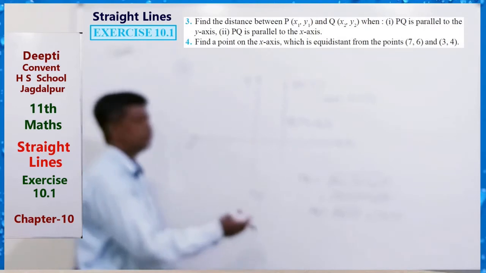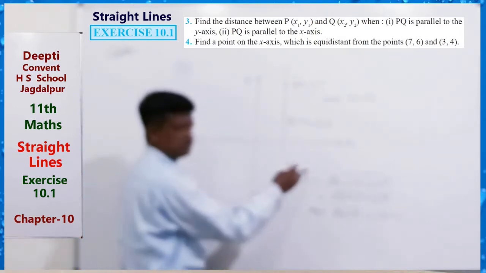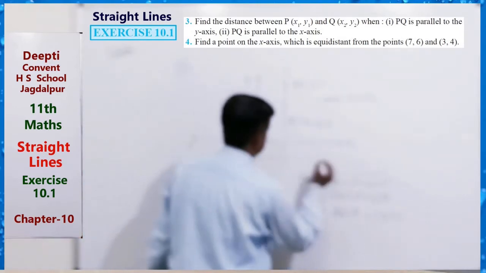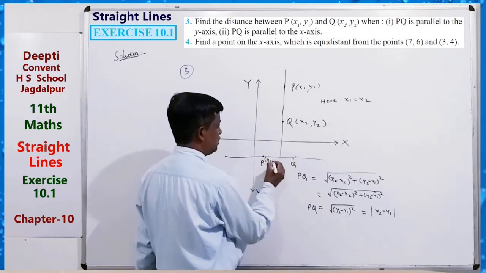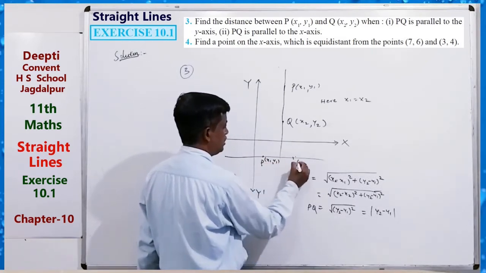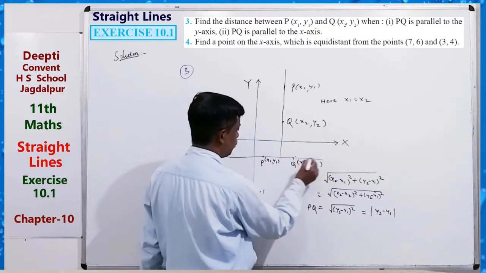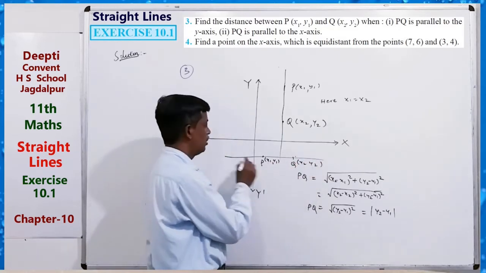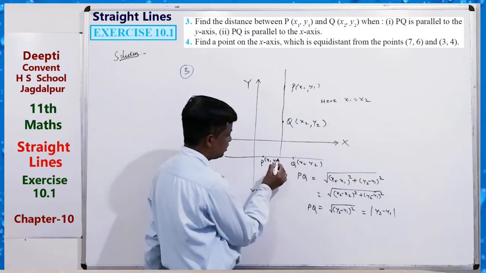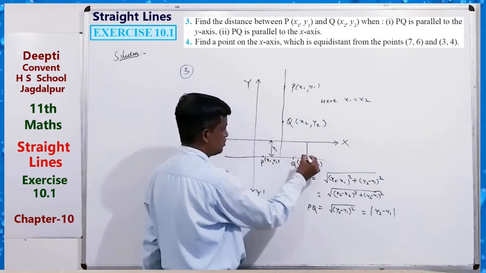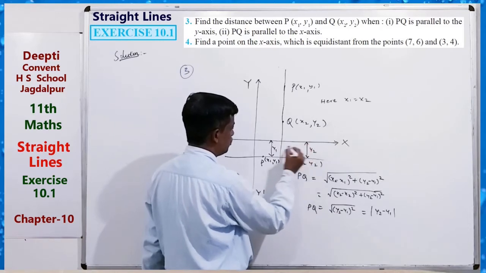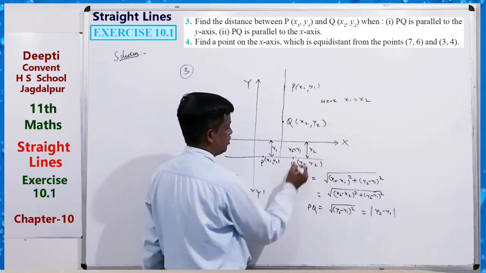Similarly, if PQ is parallel to the x-axis, suppose the line is like this. This is P, this is Q. Then x1, y1 here and x2, y2. Then y is the same: this value is y1 and also this value is y2. Both are the same, y2 equals y1.